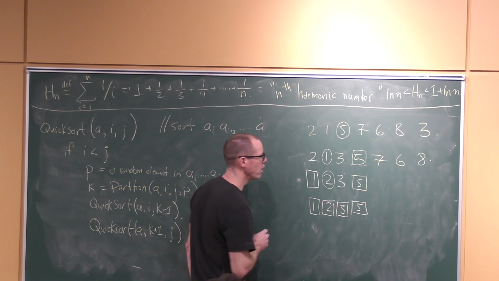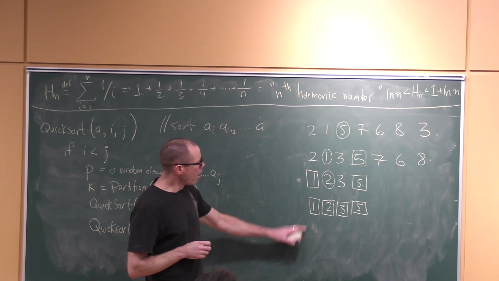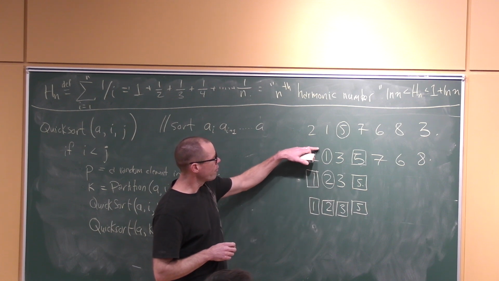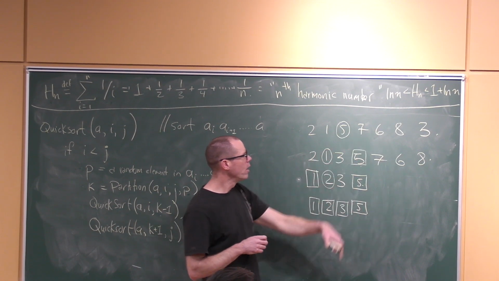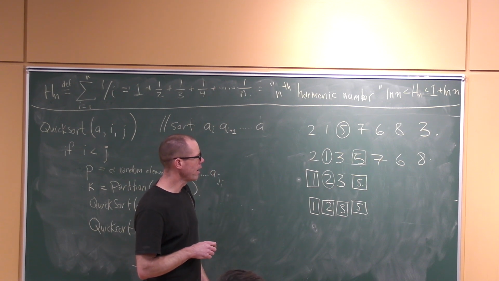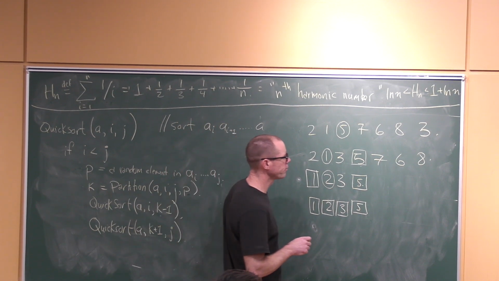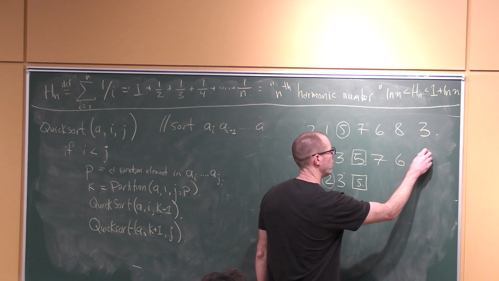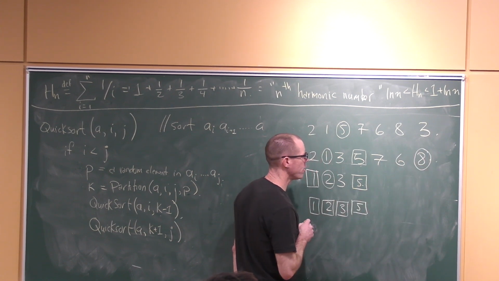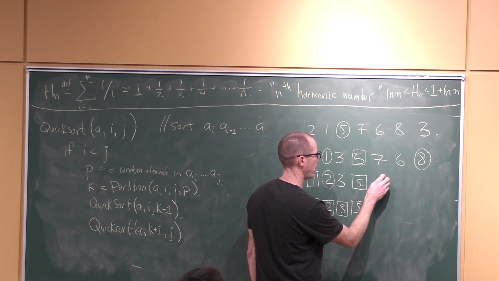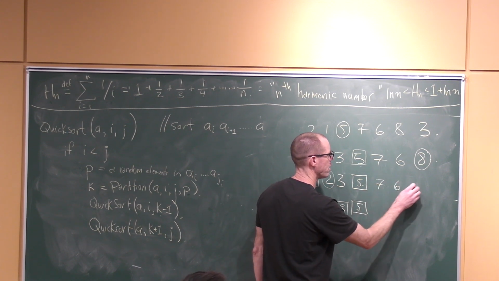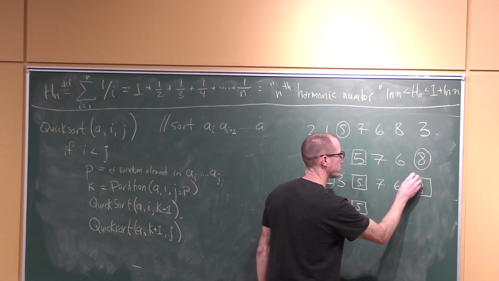There's 5 still fixed. And now we're done sorting the first half of this thing. We come back up and we still have to sort the second half. So let's pick a pivot. In this case, let's take 8. So take that as our pivot, and that'll give us 7, 6, 8. Nothing changes.